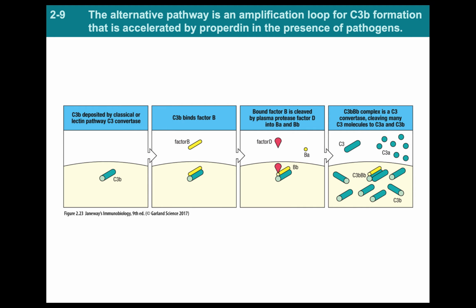And there are other factors that can make this more likely, I believe. Then factor B comes along, which is like the equivalent of a C2 kind of factor. Once these two are together, then boom, C3 and the fake C2 here, which is called B. This is going to get activated. Ba is going to go away, and Bb, the big part, is going to stay around. And these are then a C3 convertase.